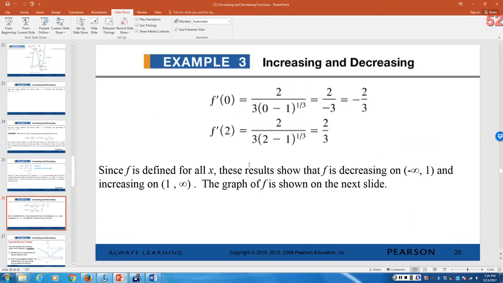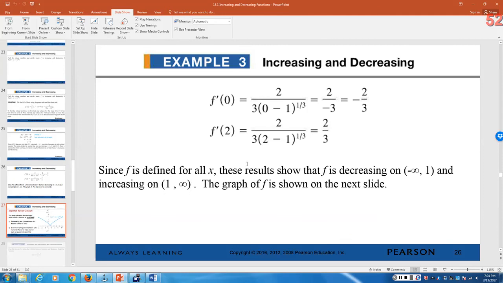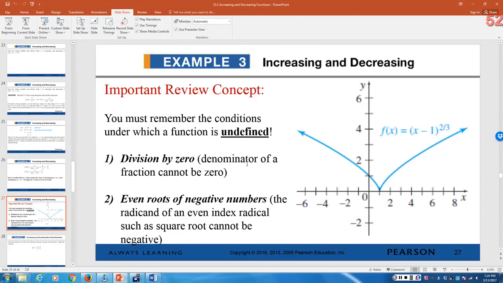So this just does what we just did, and there's the function. So the important thing to remember is the conditions under which a function is undefined: division by 0, the denominator cannot be 0, or even roots of negative numbers. You can't take the square root or the fourth root of a negative number.